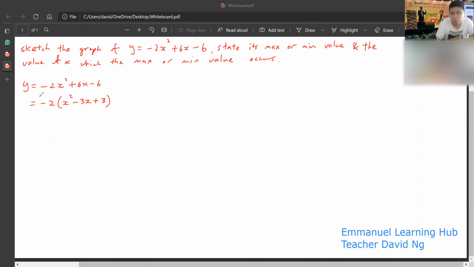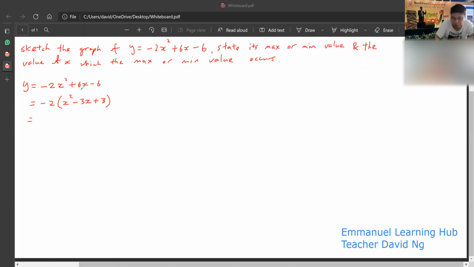Another thing is when you are completing the square, try to let the coefficient of x squared be a positive number so that it's a lot easier to complete the square.